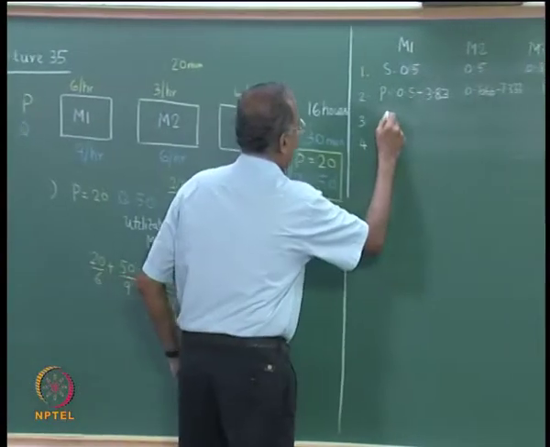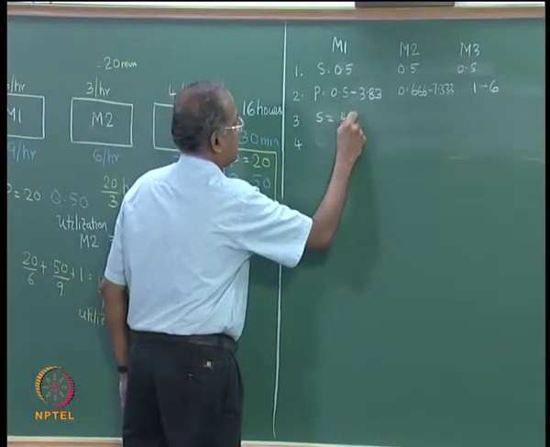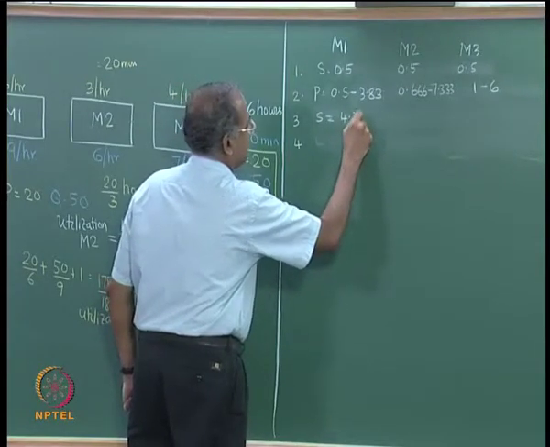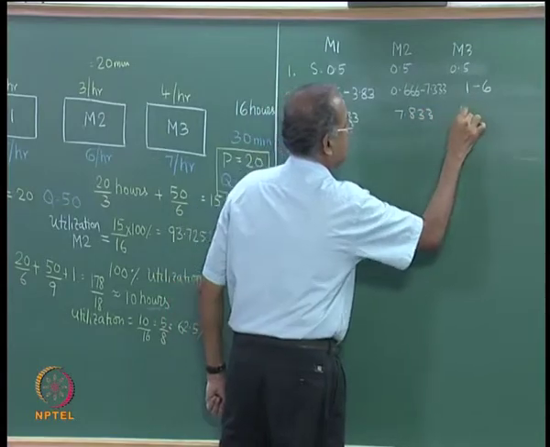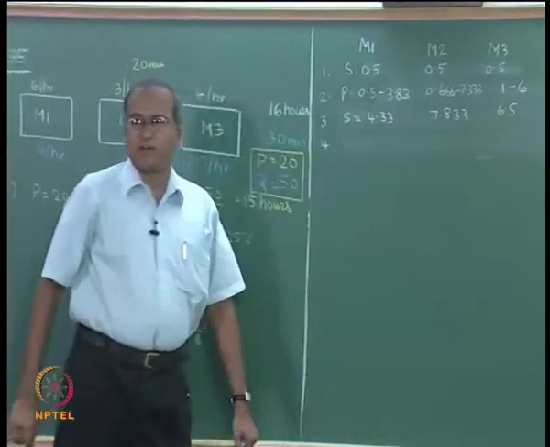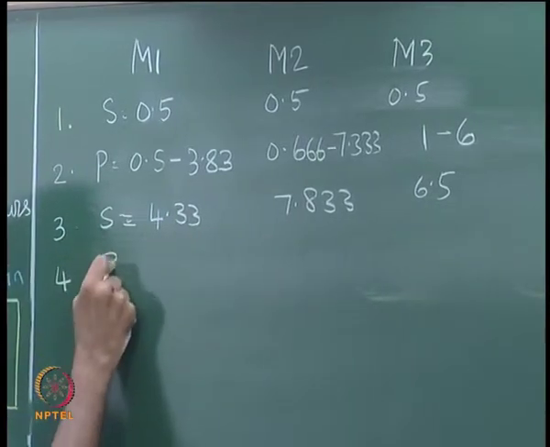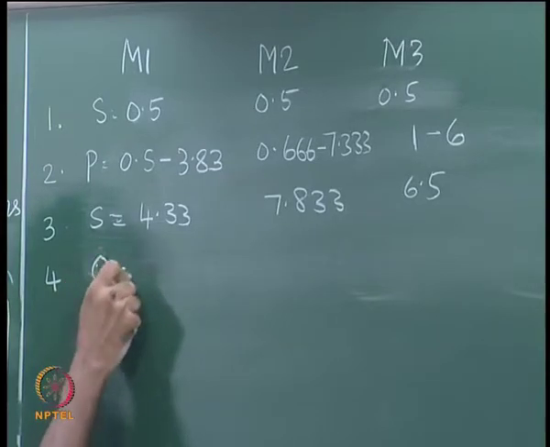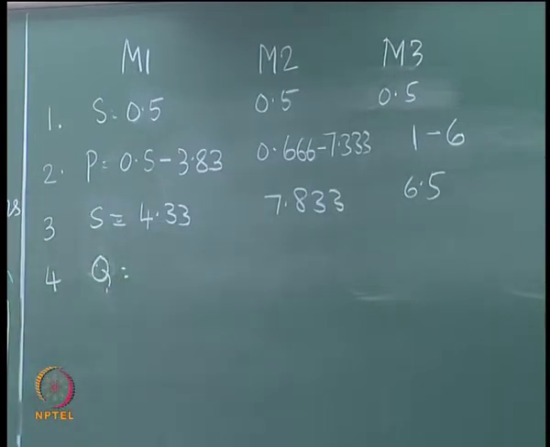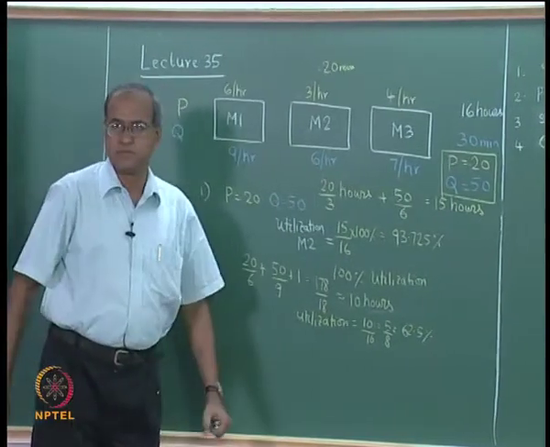Now, we do a setup. So, 3.83 plus 0.5 is 4.33, this is 7.833 and this is over at 6.5. Now, production of Q: for Q it takes 50 by 9 hours.